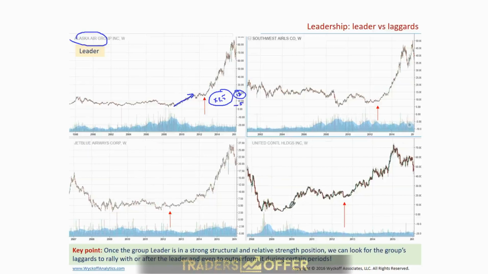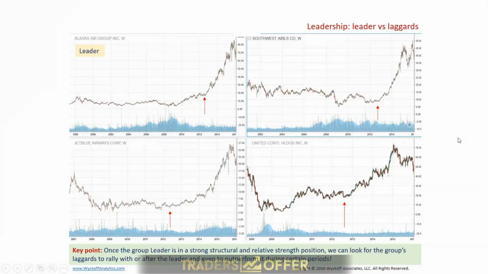We could make an argument that United also had that leadership run, which I would completely agree with. And the only difference here is in the structure as to what comes afterwards. And it seems like the structure in Alaska is much more constructive, much more appropriate for any other further trades.